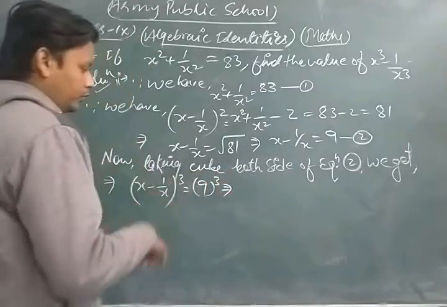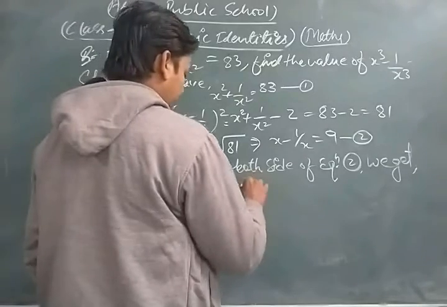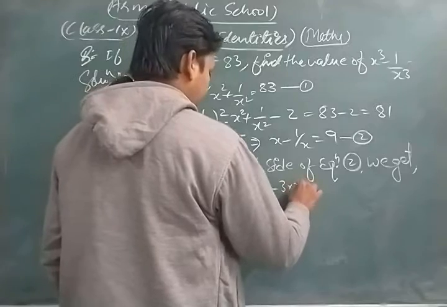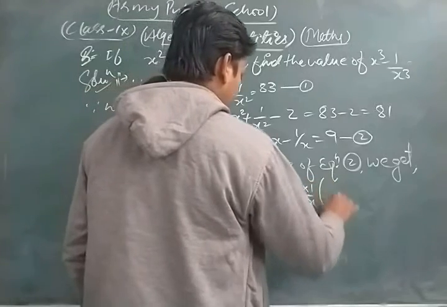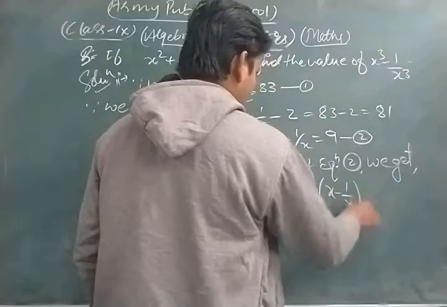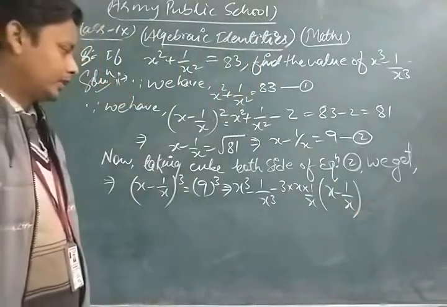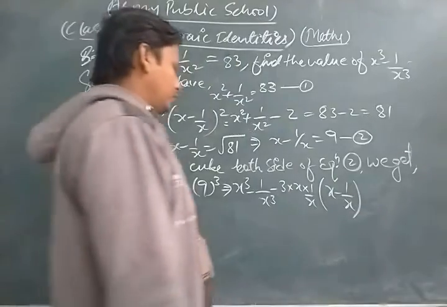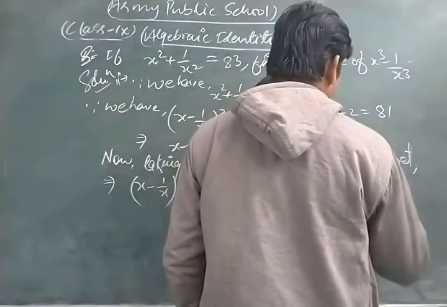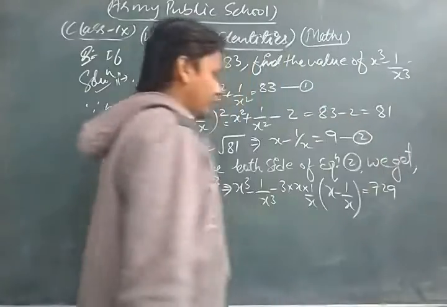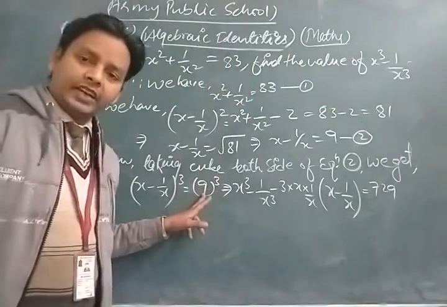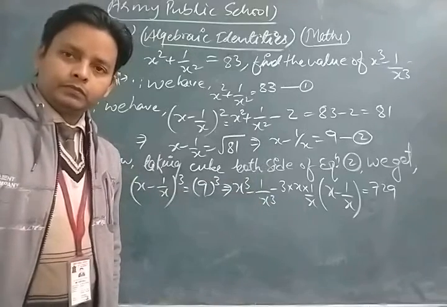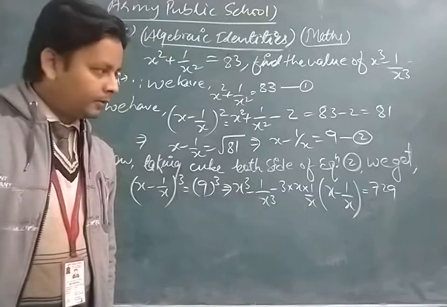Now look, a minus b whole cube is a cube minus b cube minus 3ab in bracket a minus b, which is equal to 729, because the cube of 9 is 729.